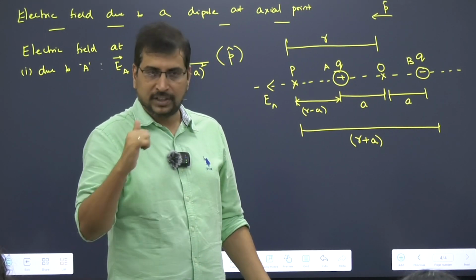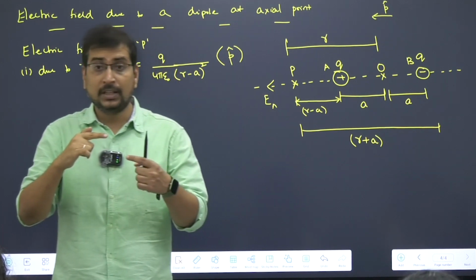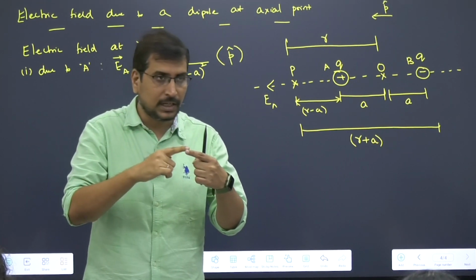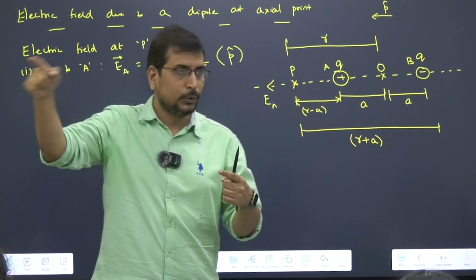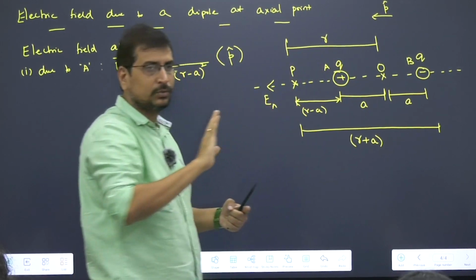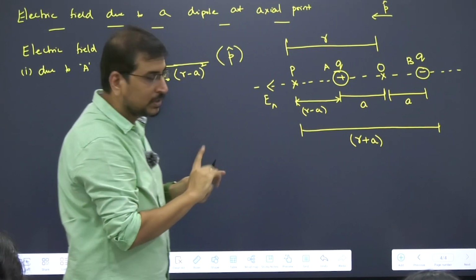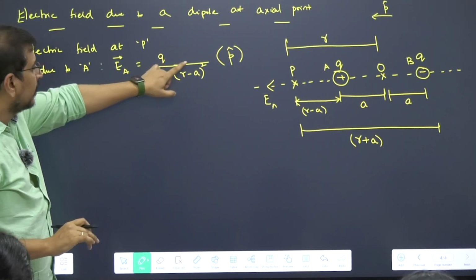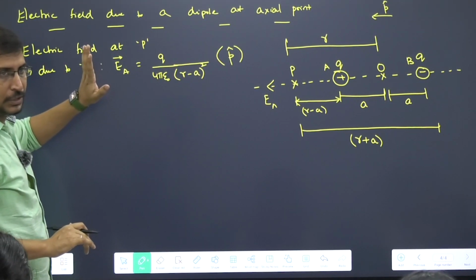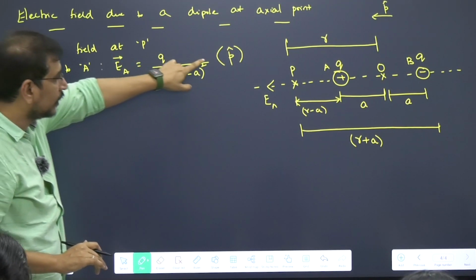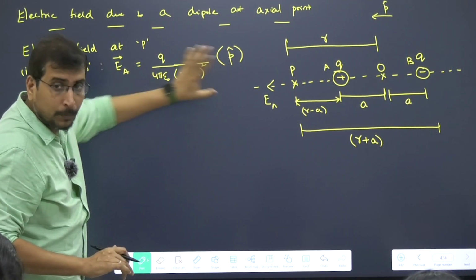What is the distance? From where should you take the distance? Not from the center, from the charge to the point. If you take it from the center, in both cases you will write r square. No. You should take it from the charge to the point. So it is r minus a the whole square. Then put a bar on top of it and give the direction. So try to write the direction in terms of dipole moment.